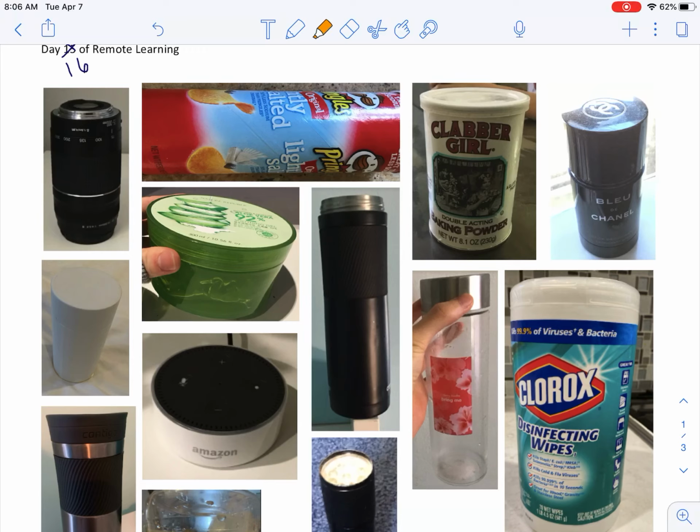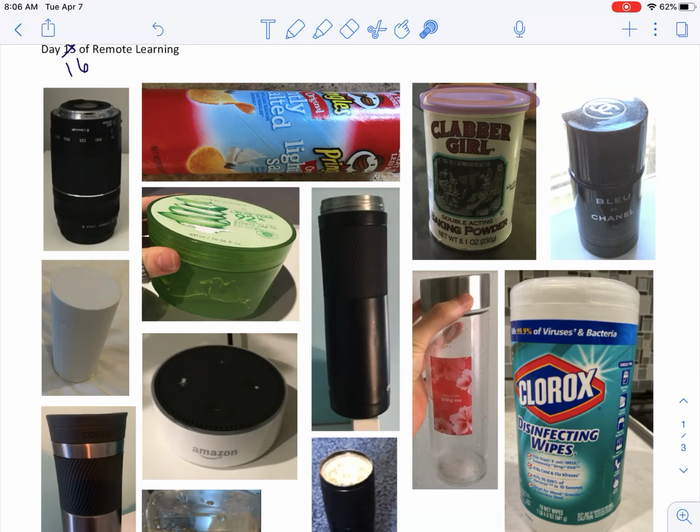If I'm talking about the base of a cylinder, I'm over here at the baking powder. Maybe I'll make it a different color. The base of a cylinder is pretty much the top and the bottom.